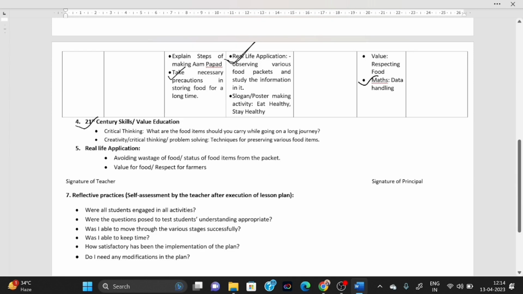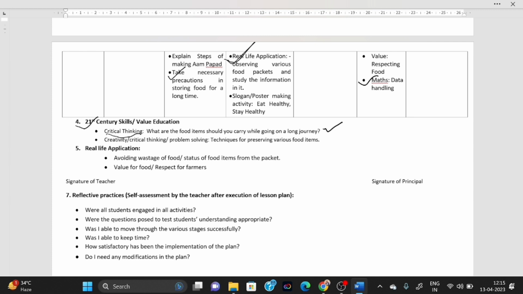We can also inculcate 21st century skills or values in the students. We can develop critical thinking by group discussion or asking questions. What food items should you carry while going on a journey?